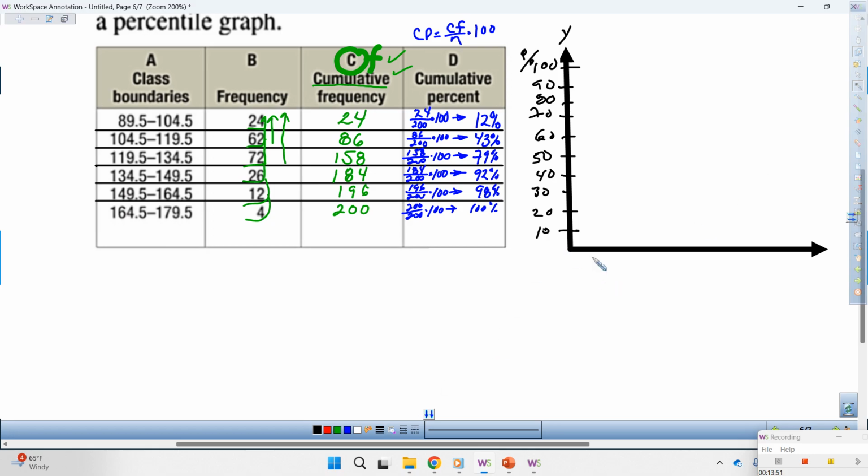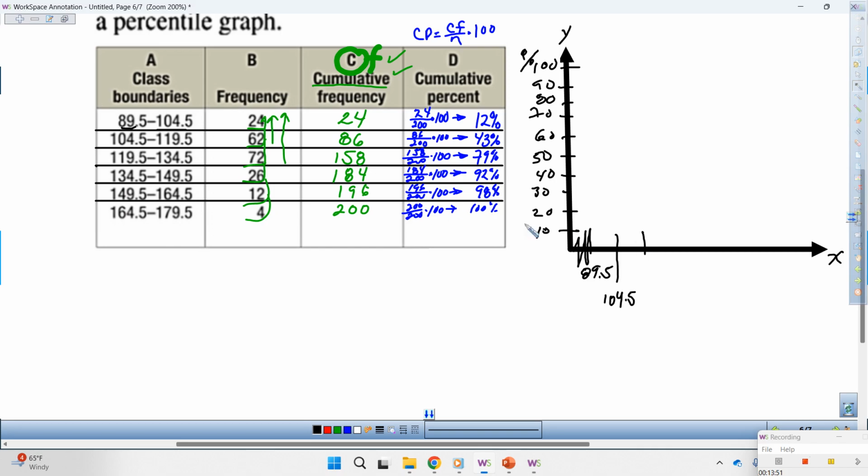And then for the X, we start with the wiggles. Remember this, guys? Yeah? And then our first value is the smallest boundary, which is 89.5. Then we move on to 104.5.